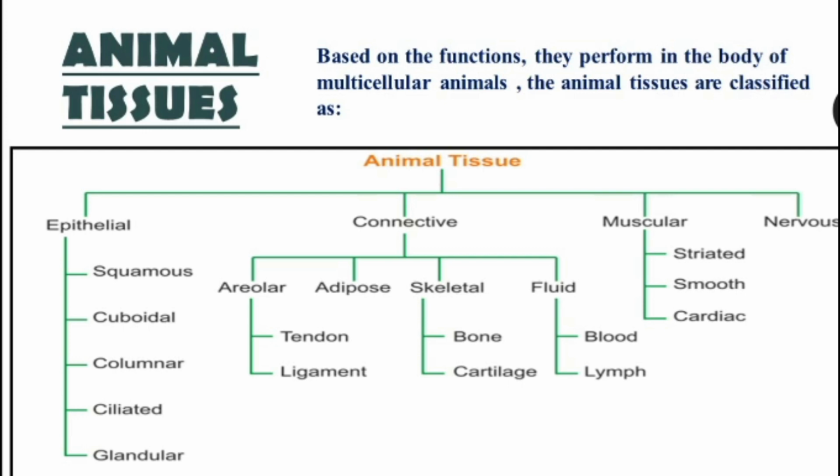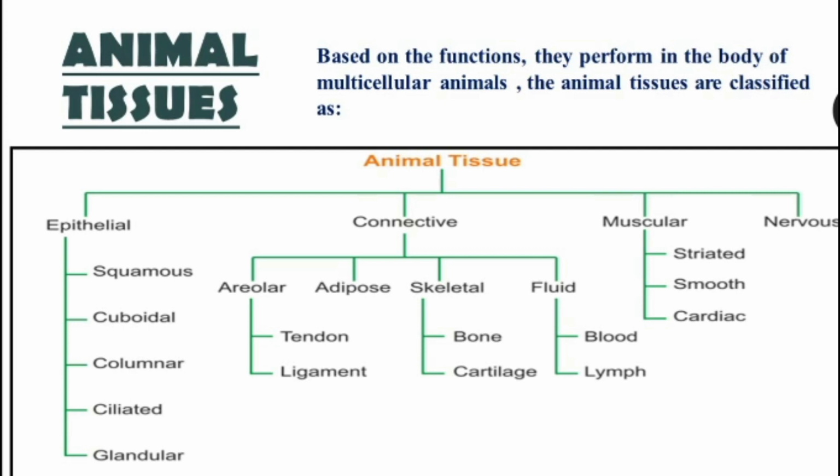The areolar is again divided into tendon and ligament, then adipose, and skeletal is the third type of connective tissue. This skeletal is again divided into bone and cartilage, and fluid. This fluid is again divided into blood and lymph. So 4 subtypes are present in the connective tissue of animal tissue in the animal body.